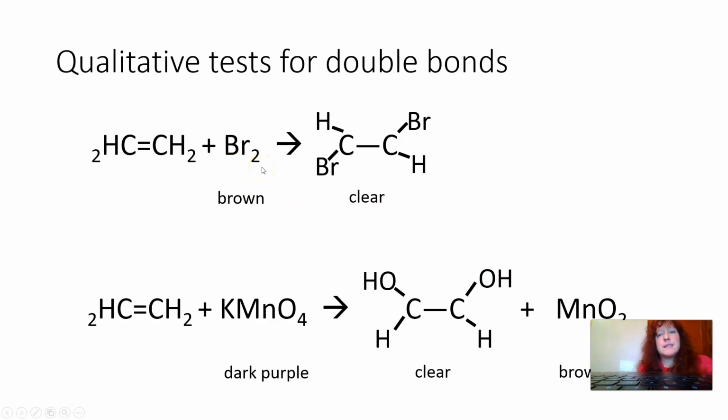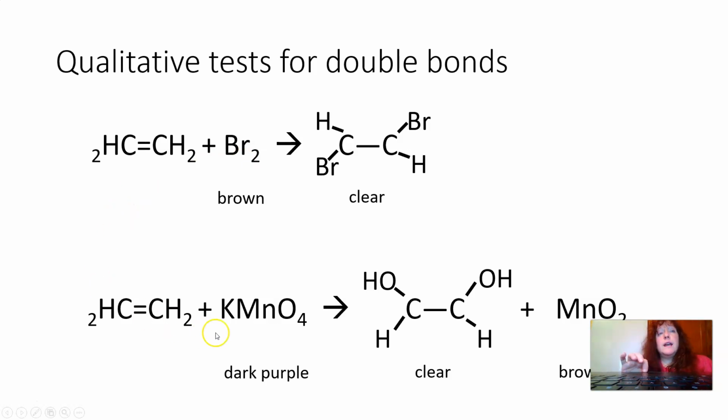The bromine is a rusty brown color, and as you drip it in, if there is a double bond present, it immediately clears. If there's not a double bond present, it's a fairly intense brown, so it would linger and be notably brown if there was no double bond present. So that is one of the two tests.